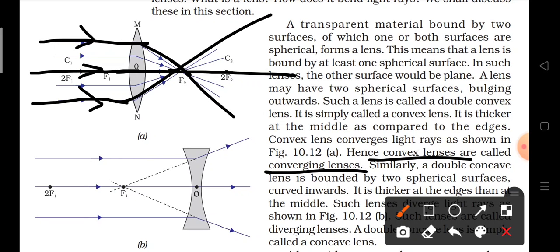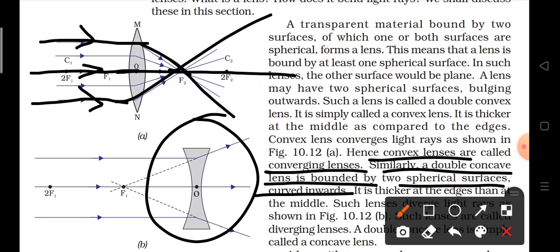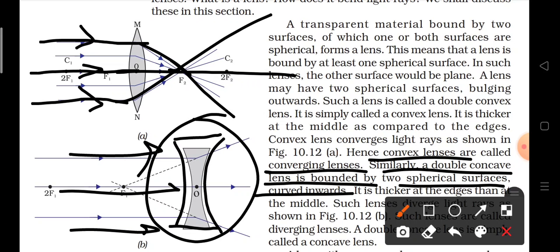A double concave lens is bounded by two spherical surfaces which are curved inward. They are thicker at the edges and thinner in the middle.